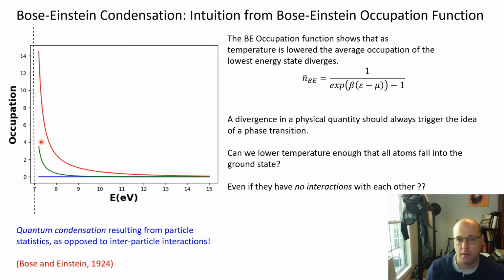And that's not necessarily the truth. You have to be more careful about how you understand the behavior of the chemical potential with temperature. So just plotting the function for a fixed chemical potential that's the same at every temperature gives you an intuition that there's a strange pileup, but it is not an actual calculation of the process itself. It may take a few minutes to think through what I'm trying to say here, but this is not a calculation. It's a hint that something weird is going on.